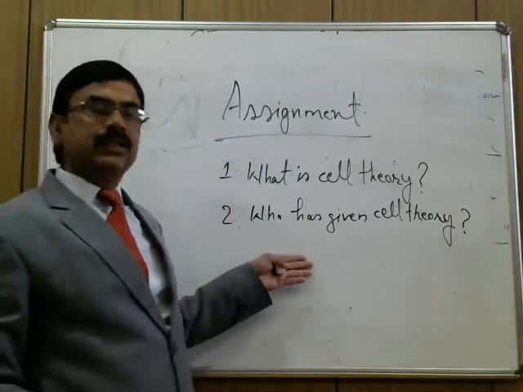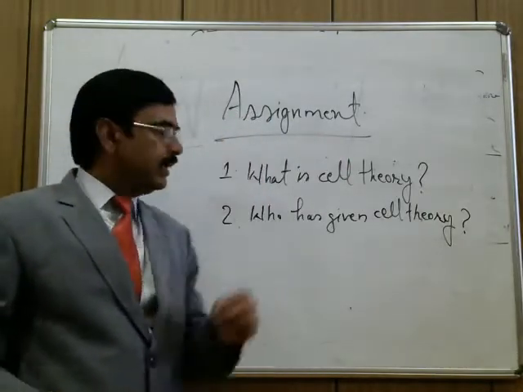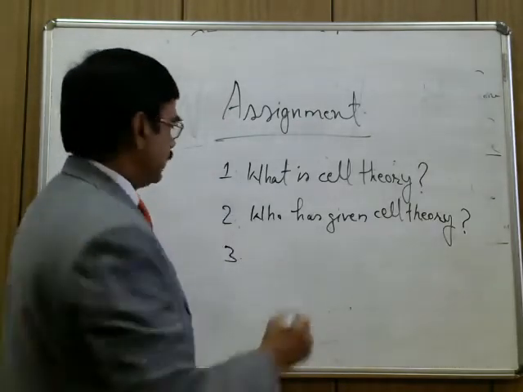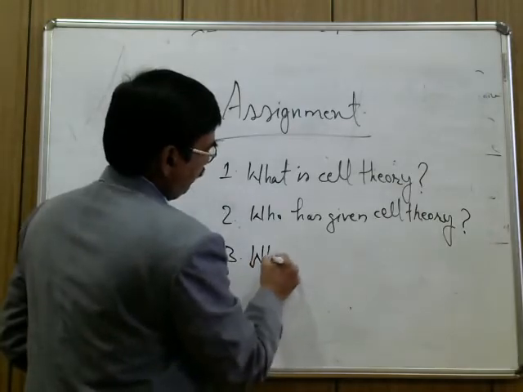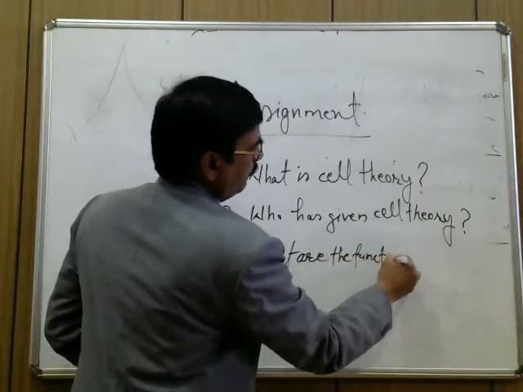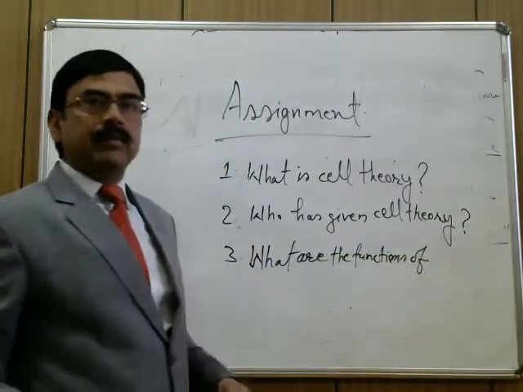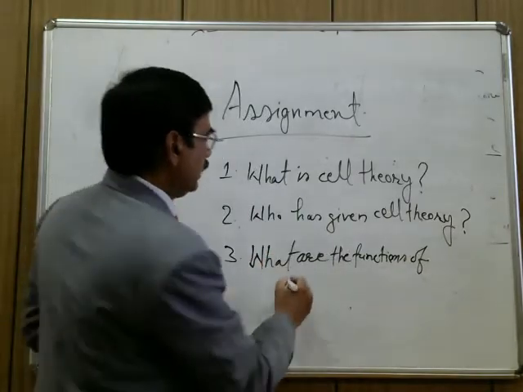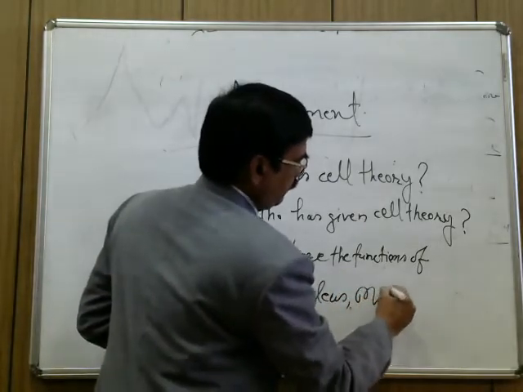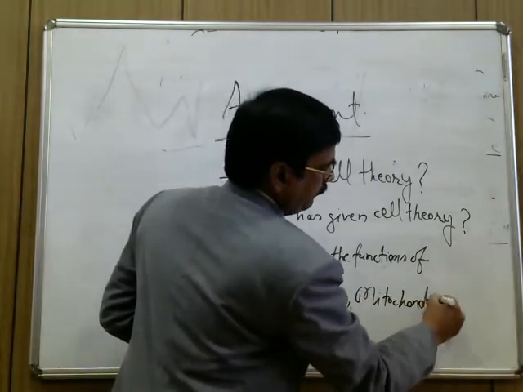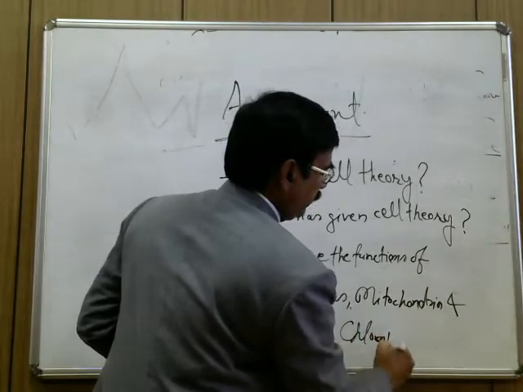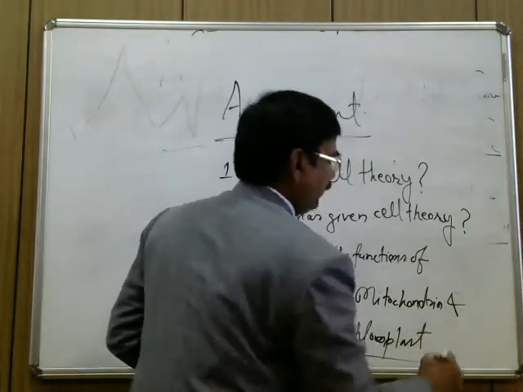Schleiden and Schwann have given the cell theory. There are 2 postulates, already I explained. Number 3, write the function of nucleus. Functions of, I am including these 3 cell organelles: nucleus, mitochondria, and chloroplast.